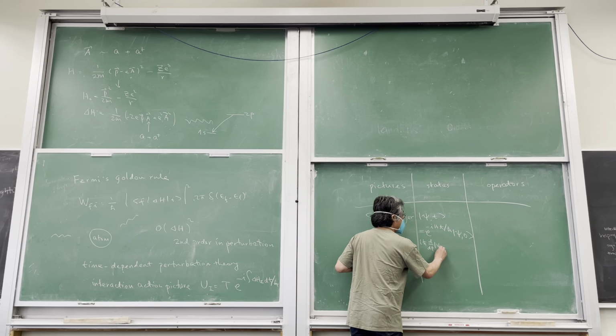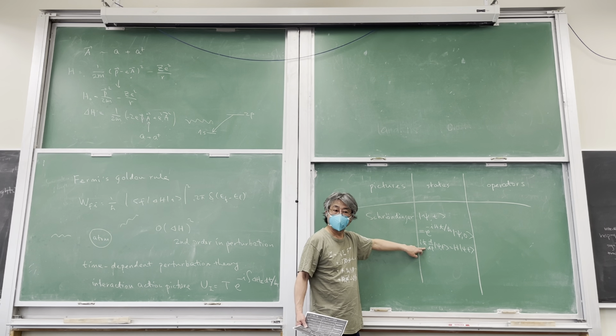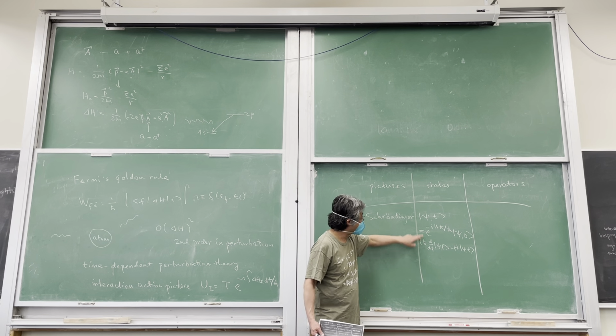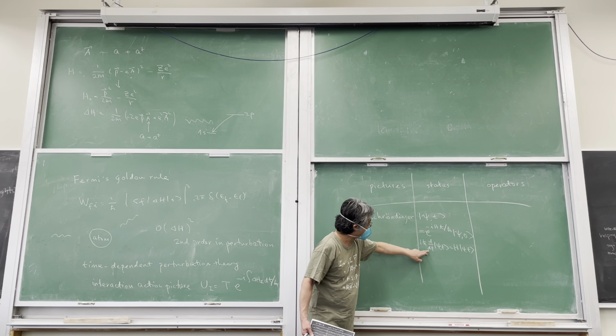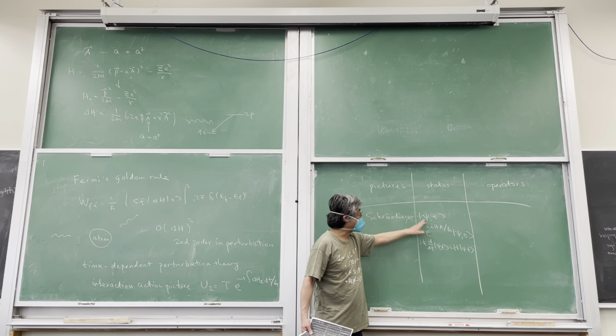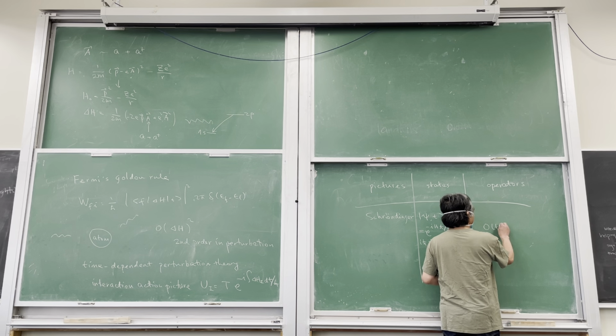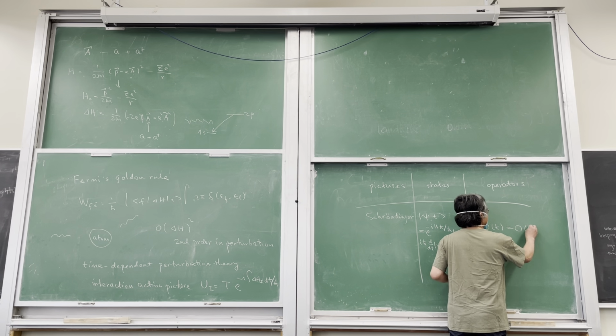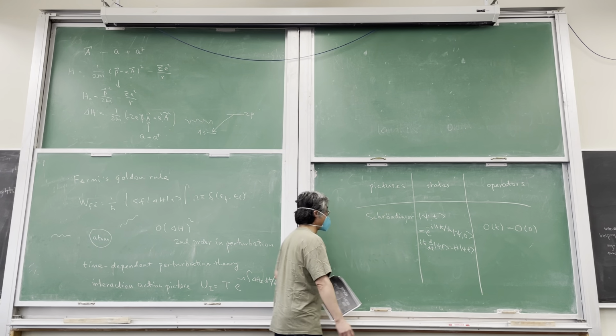So the Schrödinger picture has this time-dependent state, which satisfies the Schrödinger equation. The formal solution of the Schrödinger equation is obtained just by exponentiating this Hamiltonian operator. This is the time evolution operator. That's something you have seen. And in this picture, operators don't depend on time.